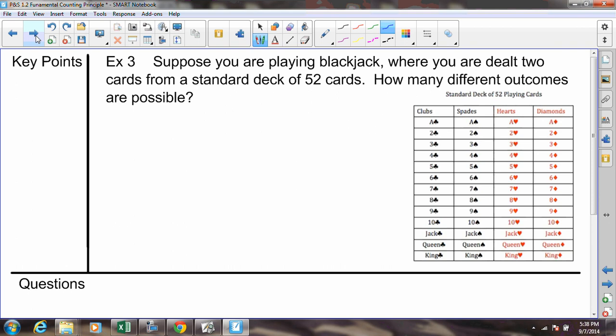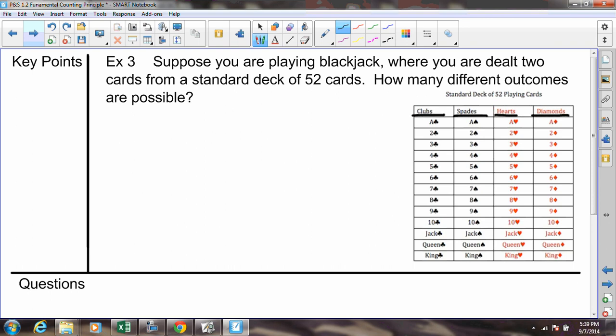For example 3, you're playing Blackjack. And in Blackjack, you are dealt 2 cards from a standard deck of 52. Now, if you're a person who has not played cards much before, you may not be familiar with what the standard deck is. A standard deck has 4 suits. Those suits are clubs, spades, hearts, and diamonds.